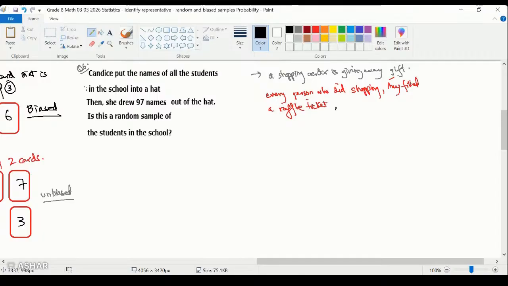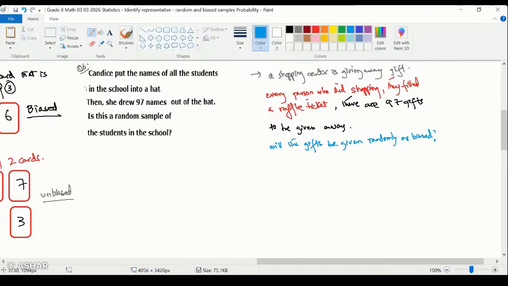There are 97 gifts to be given away. Okay, will the gifts be given randomly or biased?